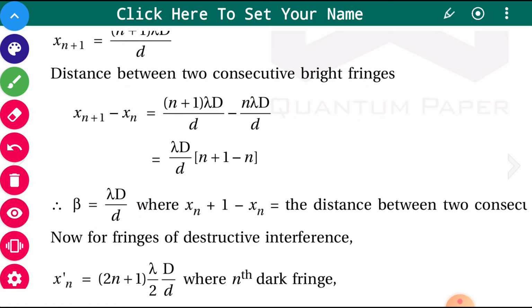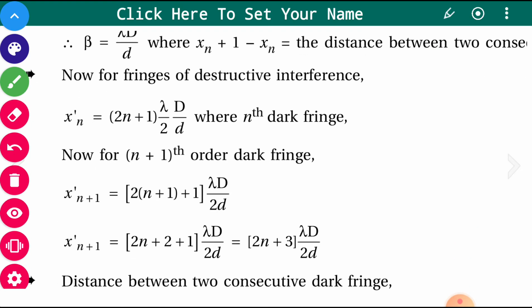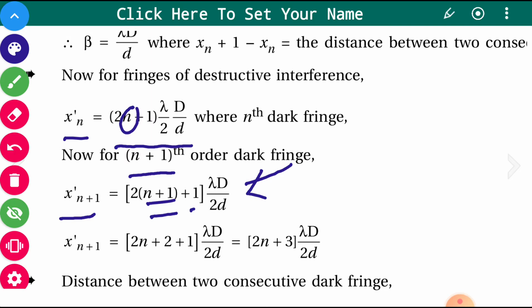Now for the dark fringe, this xn is taken as xn prime. It is 2n plus 1 lambda capital D upon 2d. For the n plus 1th dark fringe, instead of n we have to write n plus 1. So xn plus 1 prime will be 2 into n plus 1 plus 1, lambda capital D upon 2 times small d.